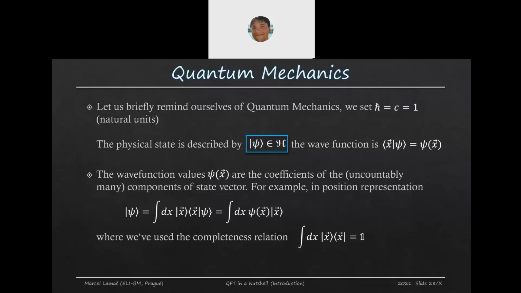For example, you may see here, if we simply take some abstract ray in the Hilbert space and we plug in the completeness relation, where these states are the states with defined position, which means that if you act on them with the position operator, you simply get the position eigenvalue. They are defined as such. And what we want to show by this is that the wave function is just the components in this sort of something like a Fourier transform, it looks.